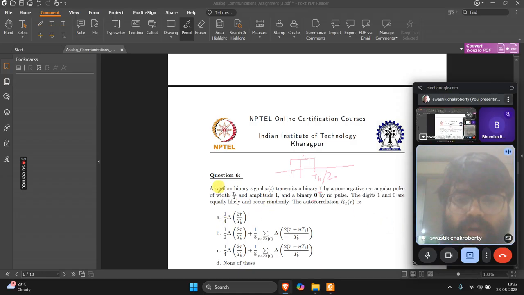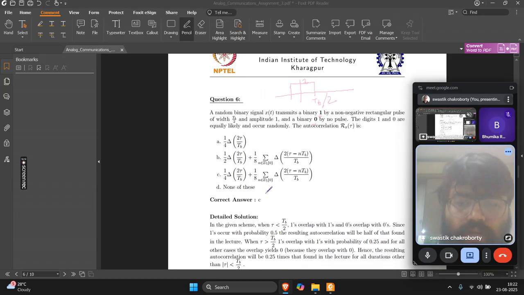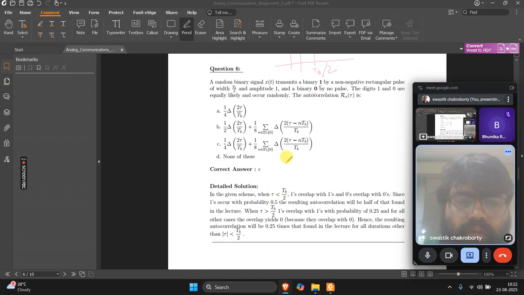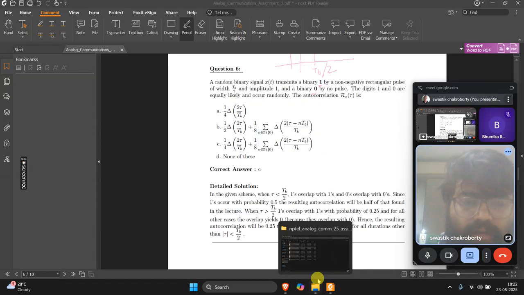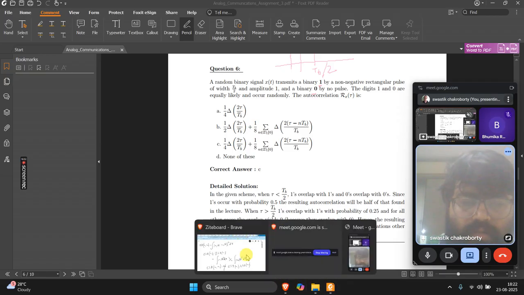Yes, so let's start with the solution. Here there is an autocorrelation. What we have to do is divide the time into two kinds of durations, or two sets.